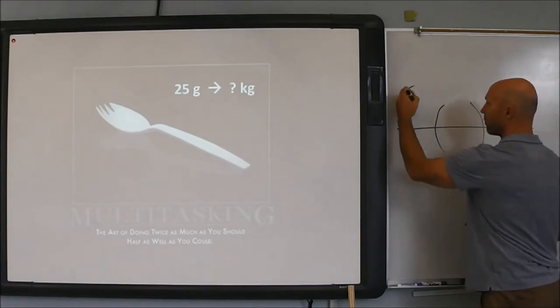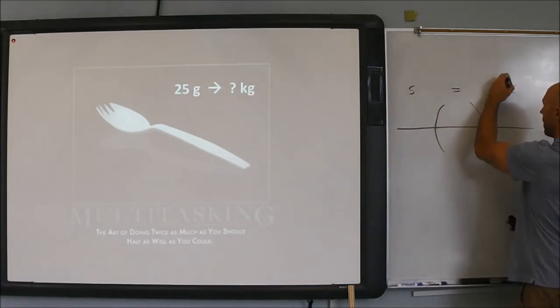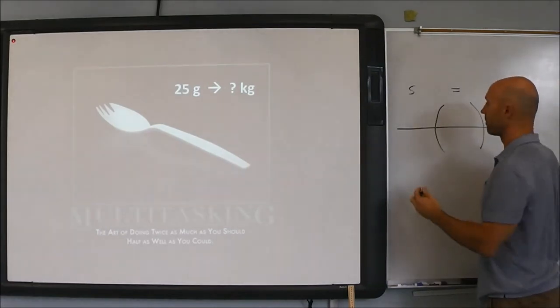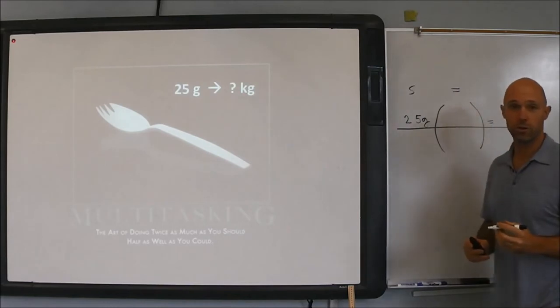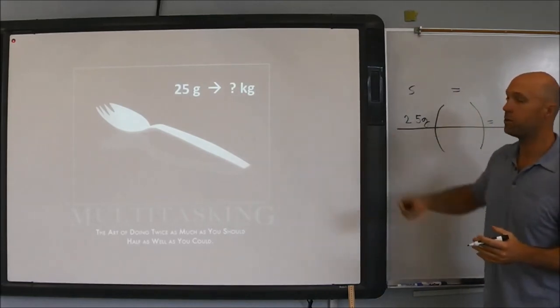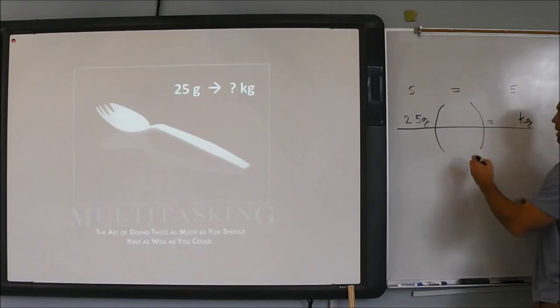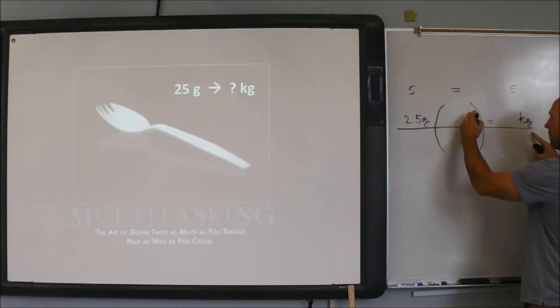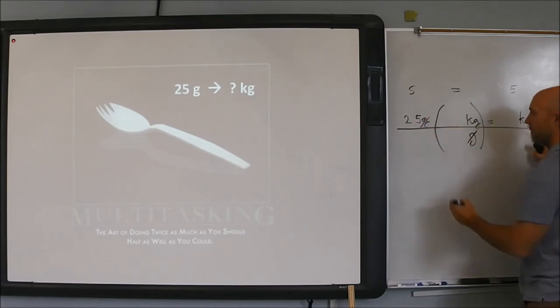We'll have a starting point where we begin, our equal amounts, and our answer or our end product. 25 grams is what we're starting with. We want to convert that into kilograms. Kilograms must go on the top. Grams need to go on the bottom to be canceled.